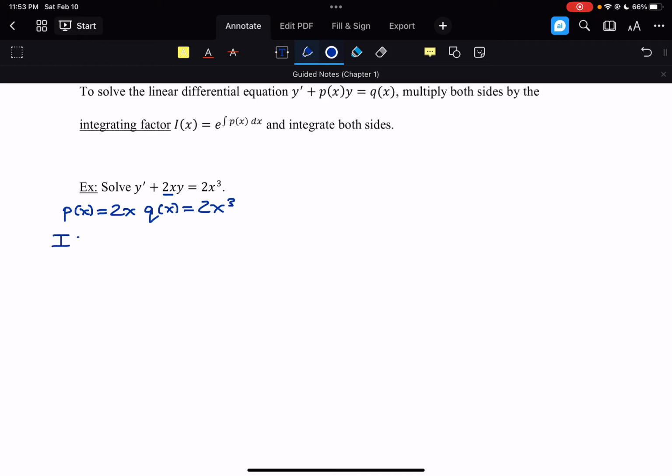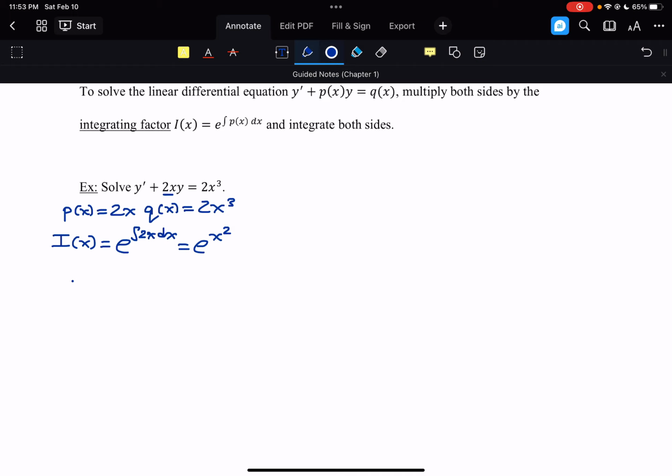We need the integrating factor, I of x, so that's e to the integral of 2x dx. The antiderivative of 2x is x squared, so we get e to the x squared. And again, we don't need that arbitrary constant in this expression. So from here, we can set up that desired equation, the left and right hand side.